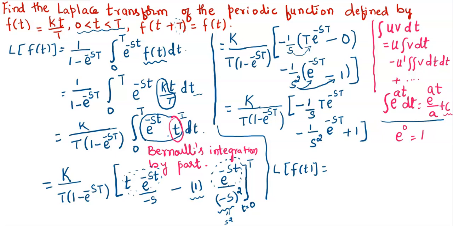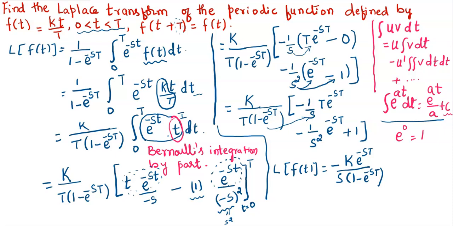Let me multiply minus k into, when we multiply this to the first term, we have a T in the numerator as well as in the denominator. Let me cancel it, and the remaining in the numerator is e to the power of minus s into capital T divided by, in the denominator, s along with 1 minus e to the power of minus sT.